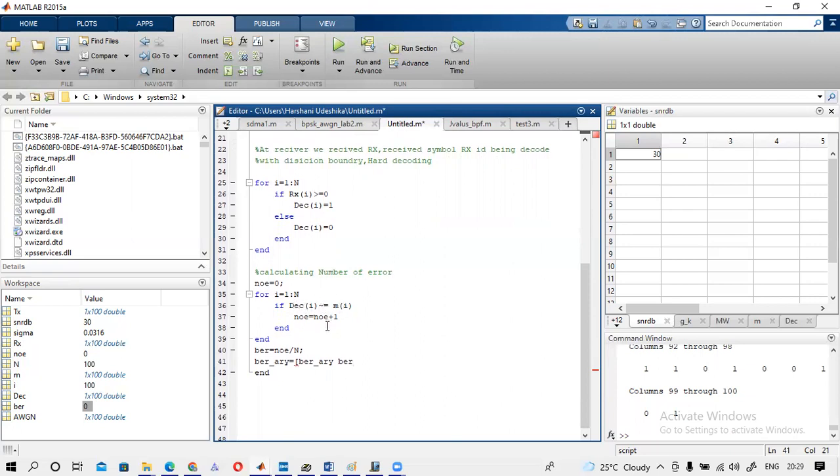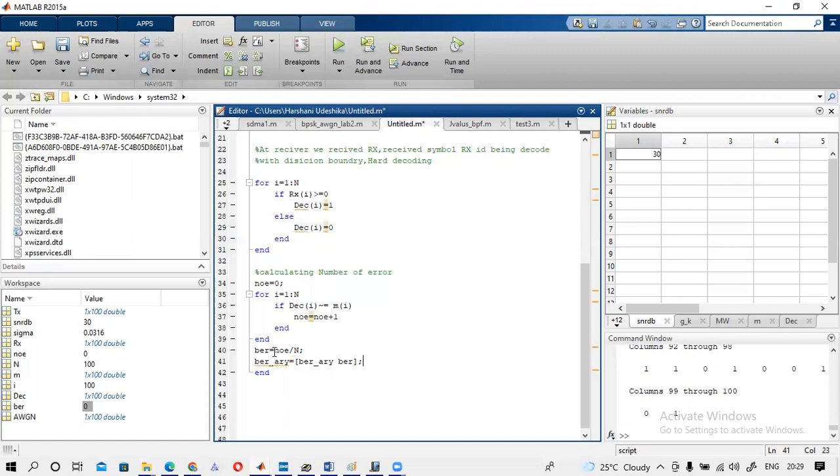If there is any mismatch, you calculate the number of errors. The number of errors divided by n gives you the bit error rate value. So you put that value into this BER array. You put one value here.